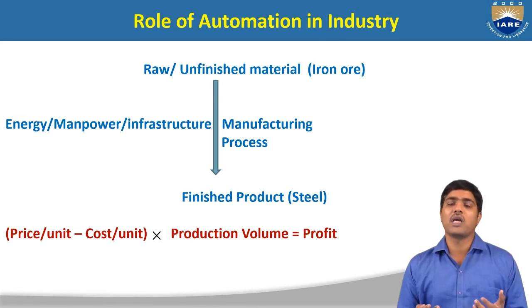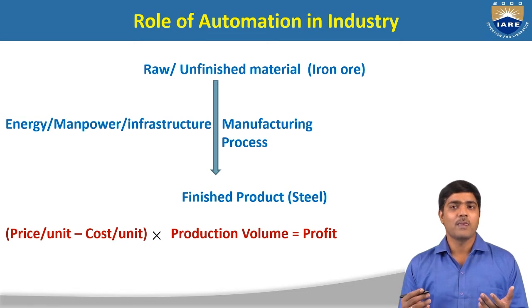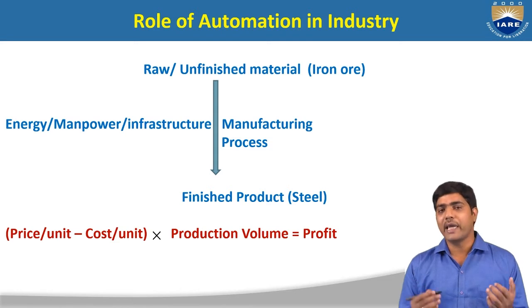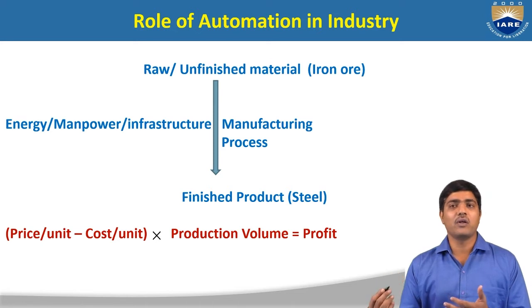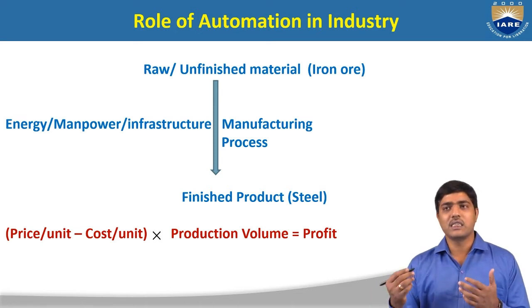So iron ore, whatever you are getting from the sites, may be in the form of raw or unfinished materials. Then you make this iron ore flow through the various processes. You have to separate the iron, you have to heat it, and you have to make it into molds, and finally you are going to get the finished product as steel.